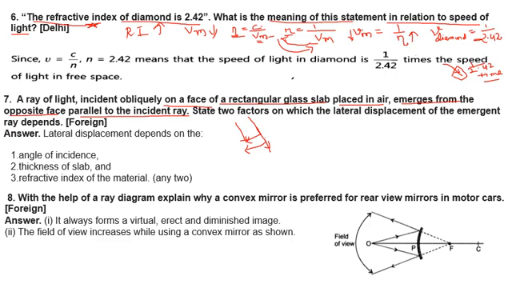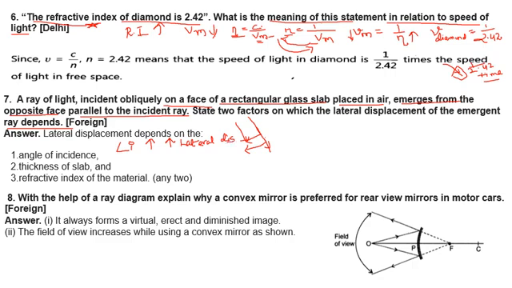State two factors on which the lateral displacement of the emergent ray depends. So there are certain factors. The angle of incidence: it is directly proportional to the angle of incidence. It means if I increase the angle of incidence, then my lateral displacement will also increase.